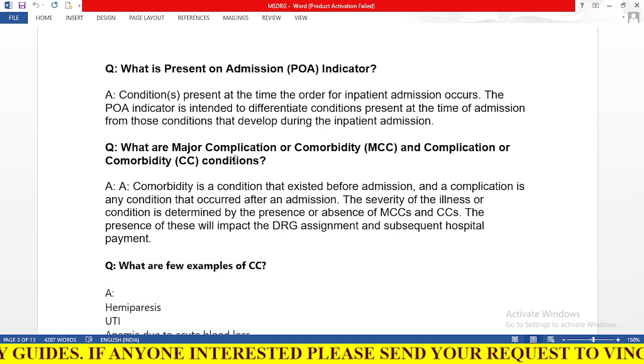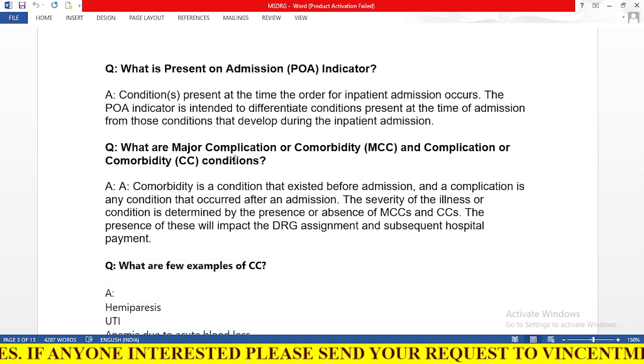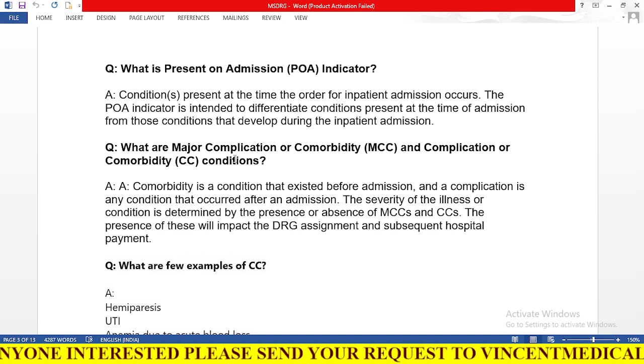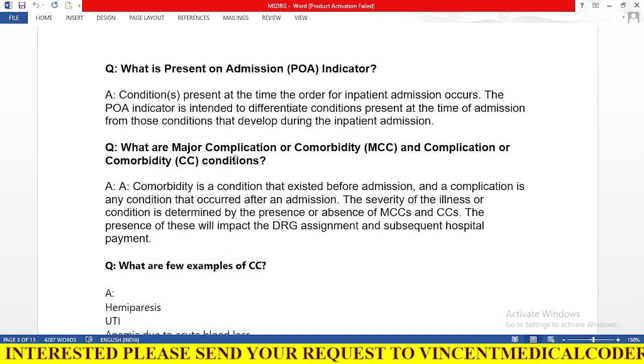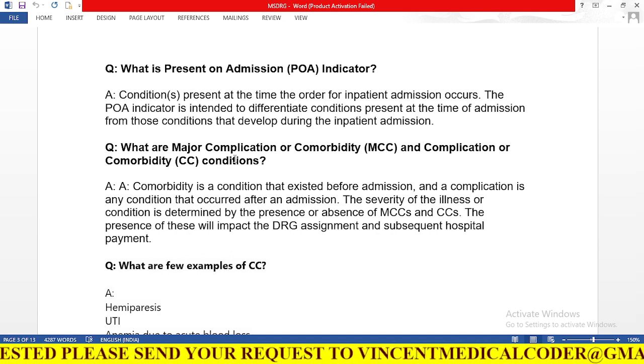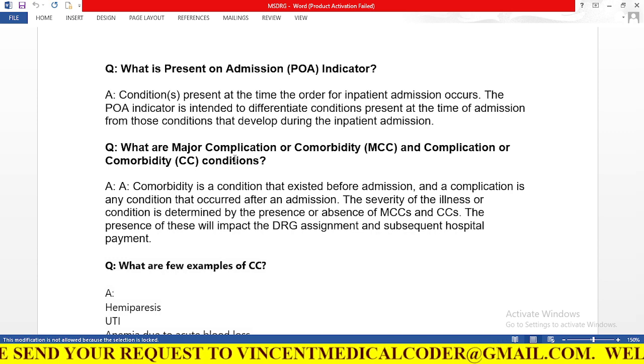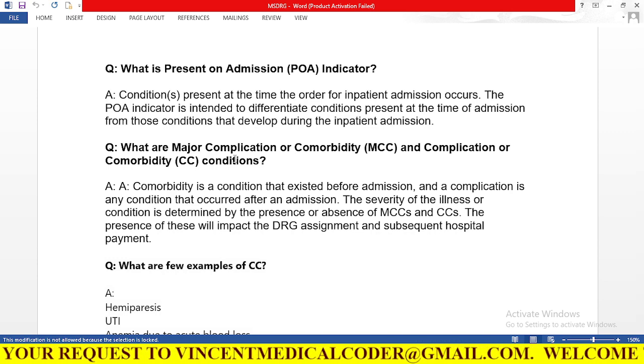So whenever we code CCs or MCCs as a secondary diagnosis, which will utilize additional resources, the DRG rate will increase.